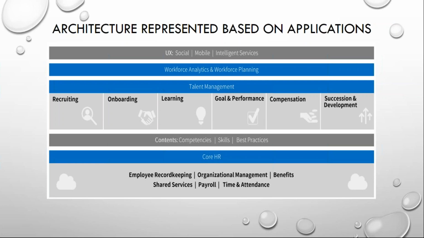This feeds information to the workforce analytics and the workforce planning layer. Then there is something called a social platform, which is called Jam, where we have our LinkedIn-like feature, where you can see other users sharing information about a specific group.